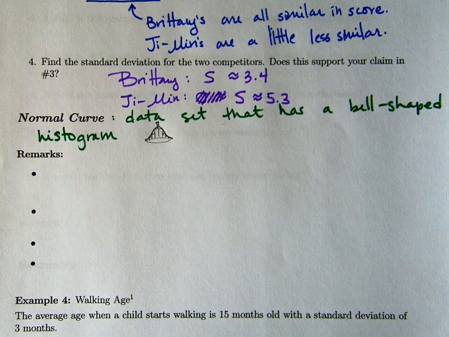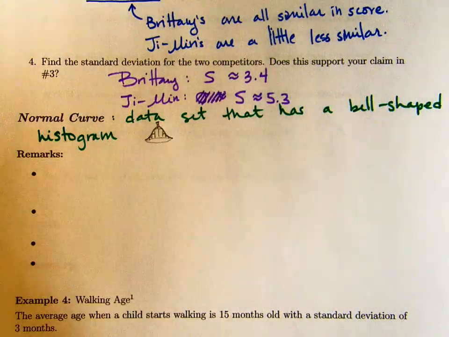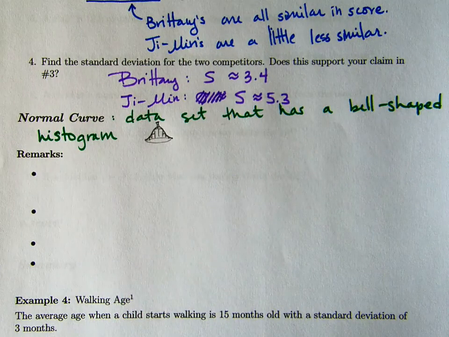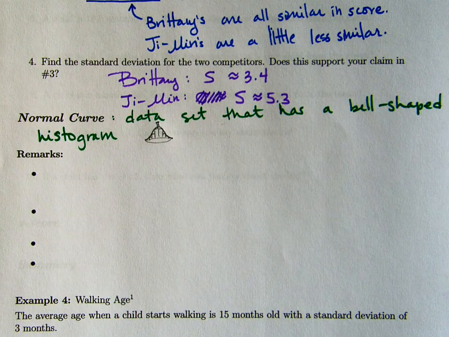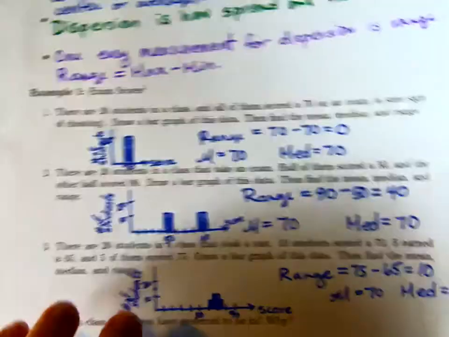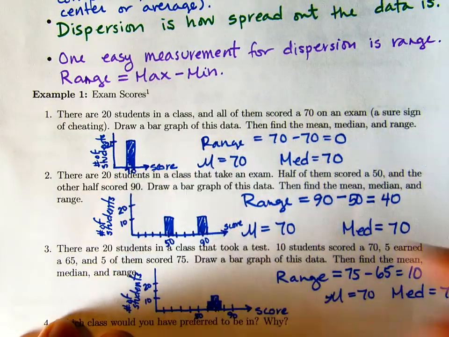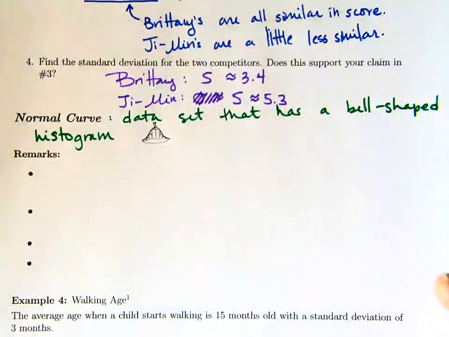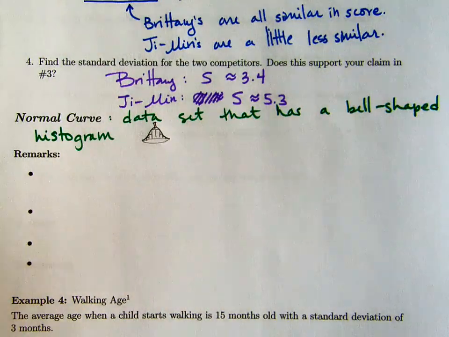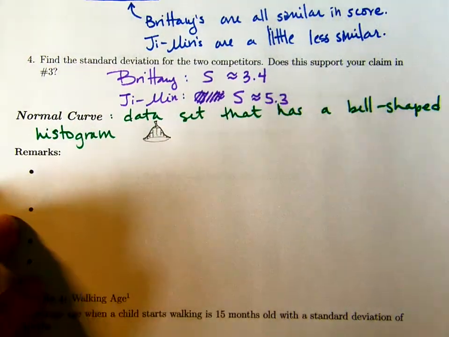Okay, so a few remarks about normal. The data set from this class, this is called uniform, this is called bimodal, this is called normal. Skewed is left out, so I'm going to just jot that down so that we have a reference to it.